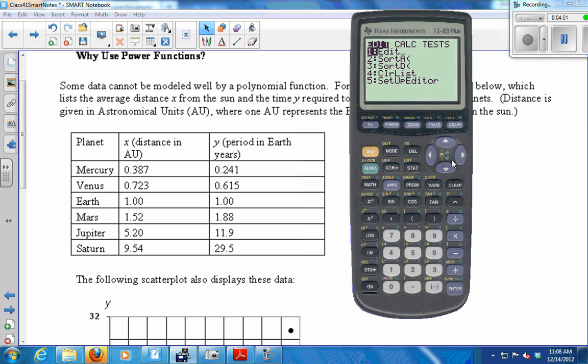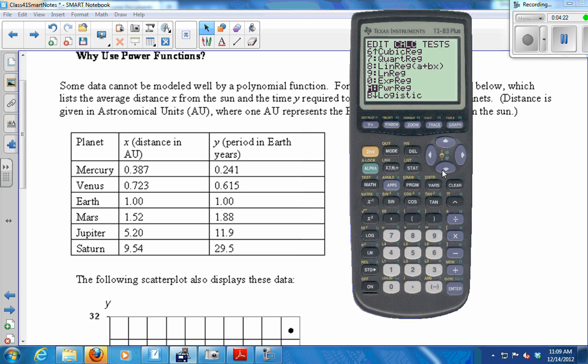If you go to stat, calculate, you see we have linear, quadratic, cubic, quartic, and then there's ln, which we haven't used, exponential regression, and power regression. That's one that we haven't used, and logistic.